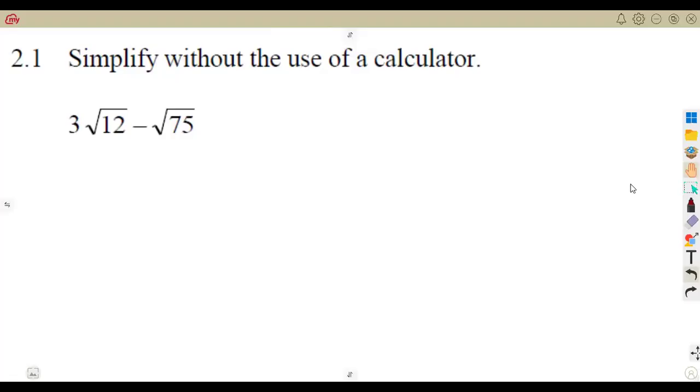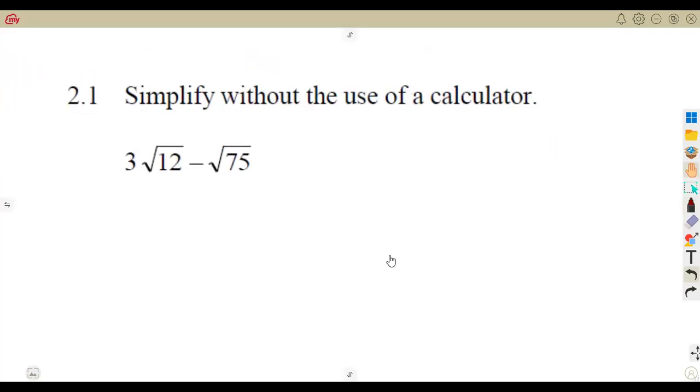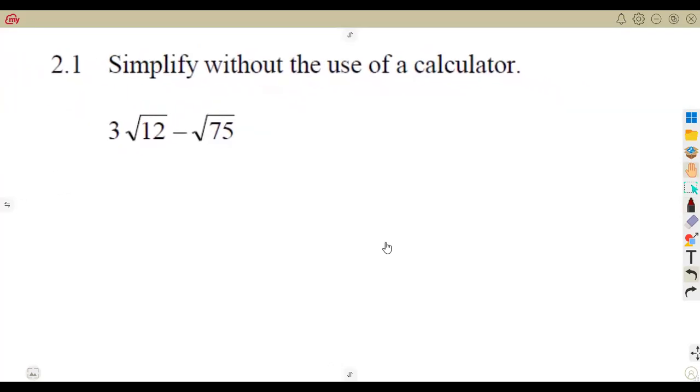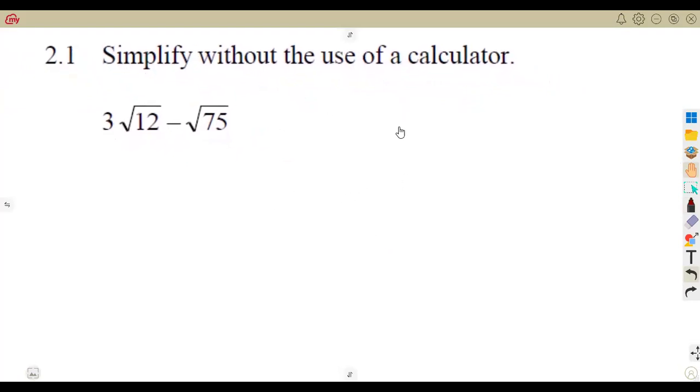So in this case, we are going to simplify this question without the use of a calculator. It's a 3-mark question that you're supposed to work out without a calculator. Actually, we can simplify this on our calculators and use the simplification to verify the answer that we have obtained.